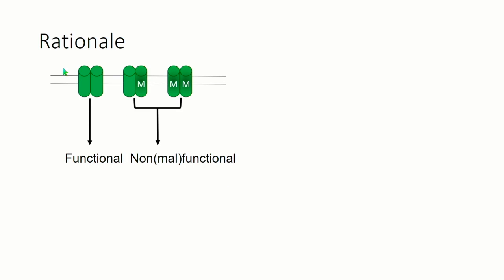The protein encoded by the CLC7 gene forms a dimer. When it's a homodimer, so when the normal subunits are together, the protein is functional. But if one or both subunits are mutated, then the protein is non-functional or malfunctional.